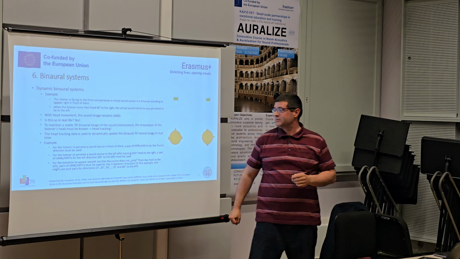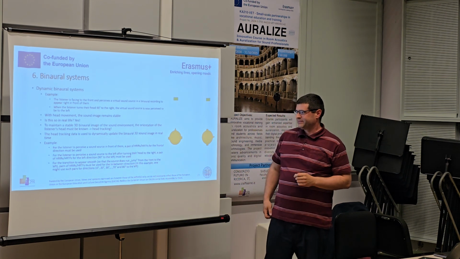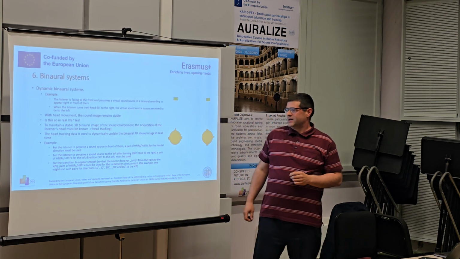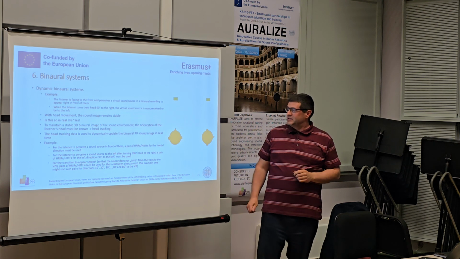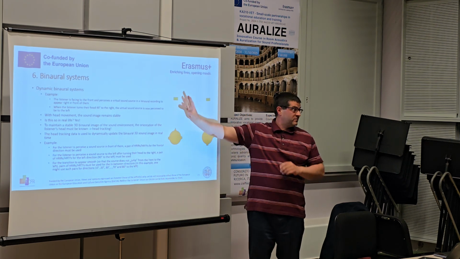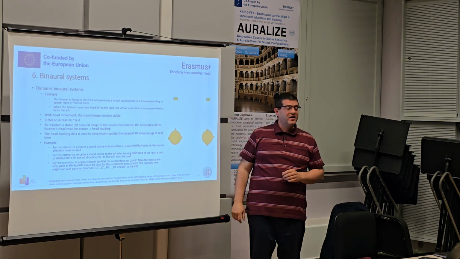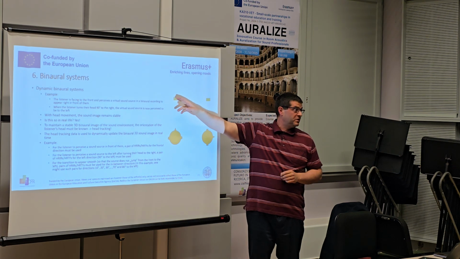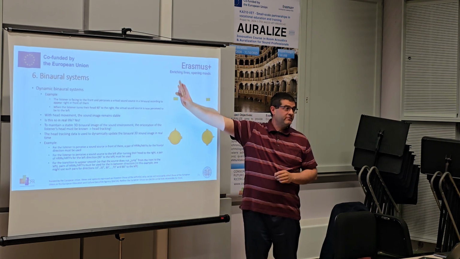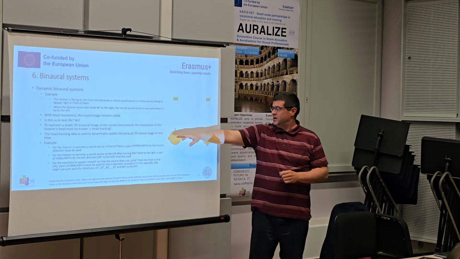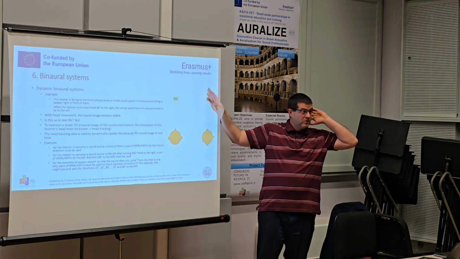So for this we use head trackers. Let me give you an example. Let's say this is some sort of synthesized environment and you want your source to be here. When you're facing it, it's right in front of you, but when you turn your head, you should hear it from your left, of course.